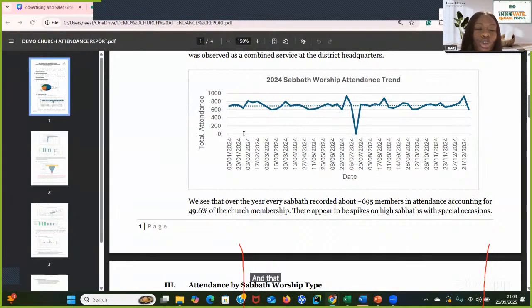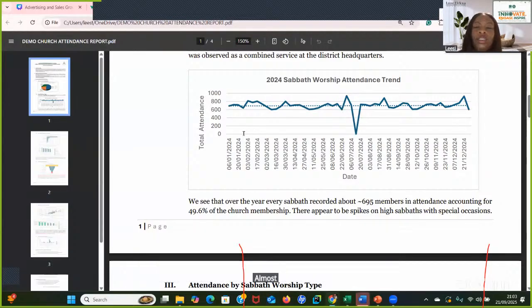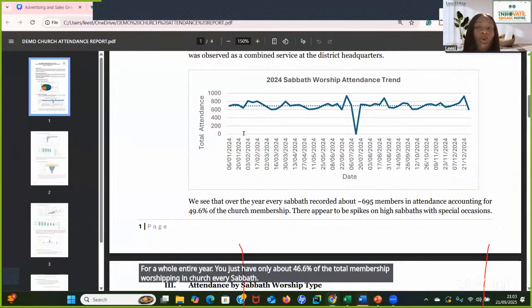And that accounts for just 49.6% of the total church membership. So where are the other almost 41%? Where are they? For a whole year, you have only about 46.6% of the total membership worshiping in church every Sabbath. It means that there is a problem.